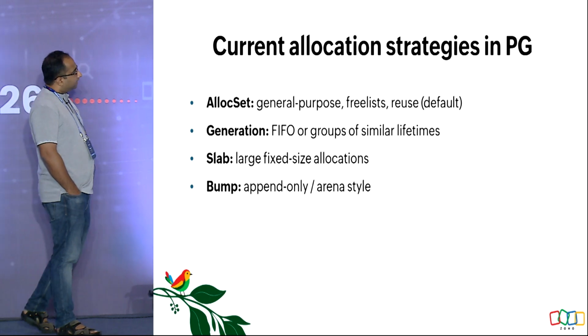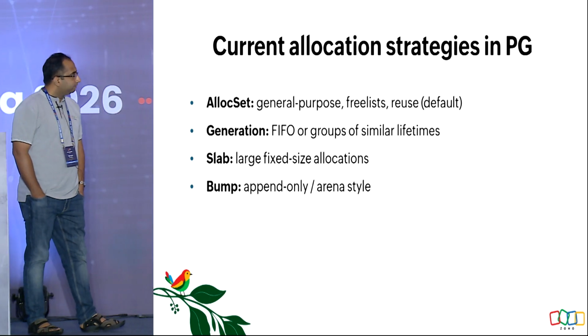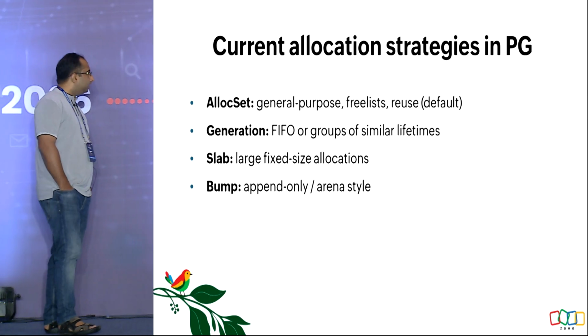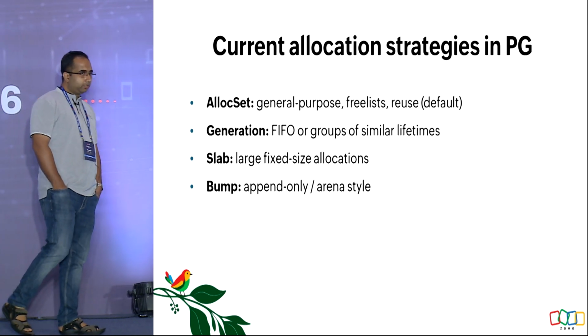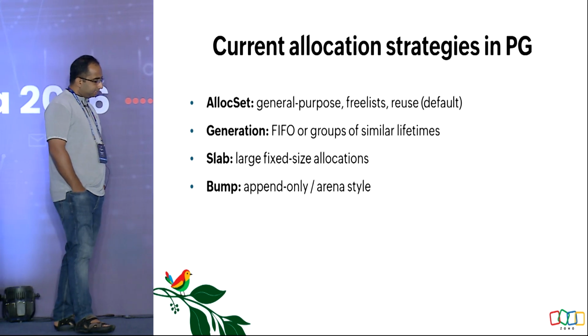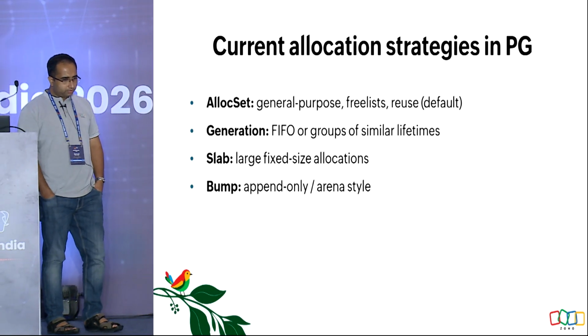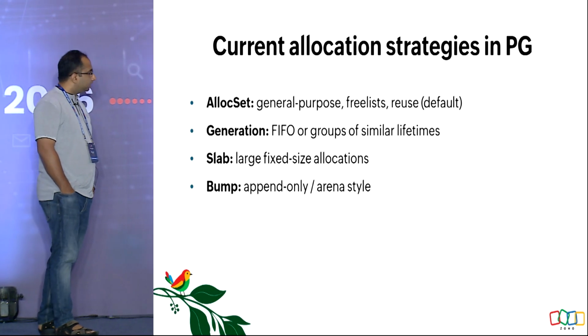Generation context does FIFO kind of allocation, and is used for specific workloads. Slab allocation is used when large fixed size allocations are needed. Bump allocator is an append only mode, which is used in sort and some other areas.